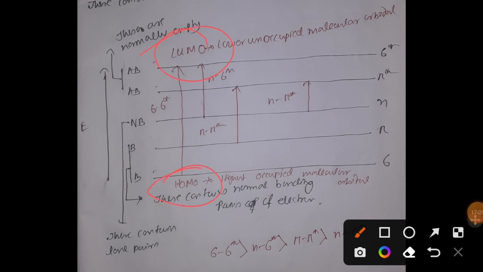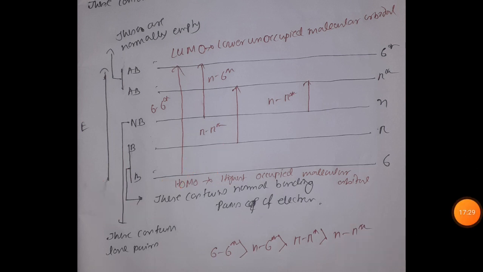HOMO means highest occupied molecular orbital, and LUMO means lowest unoccupied molecular orbital. So when our energy is not only high but the highest, we should expect a sigma to sigma star transition, but there is a condition. Suppose you are dealing with a molecule that does not have any sigma bond.